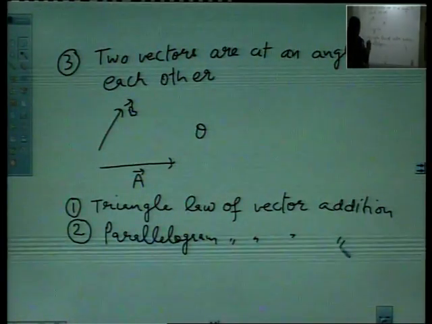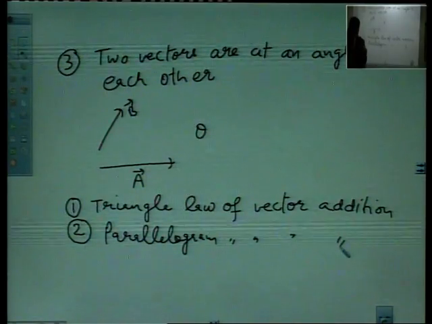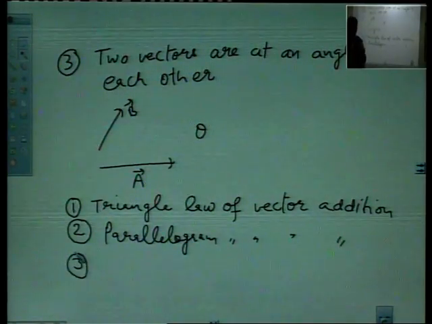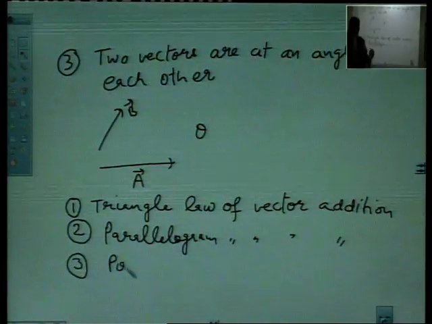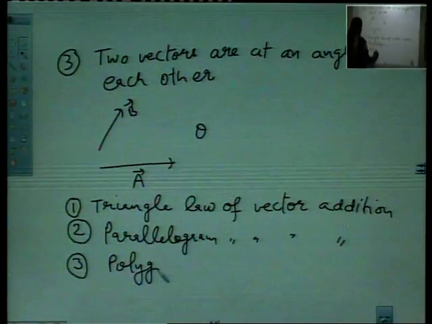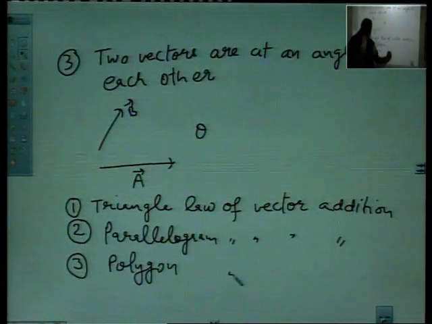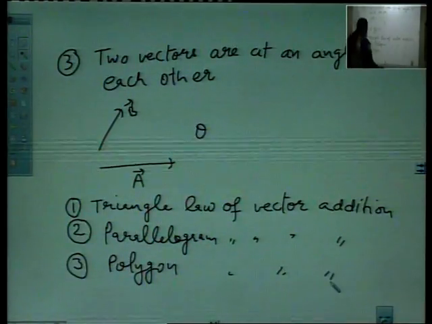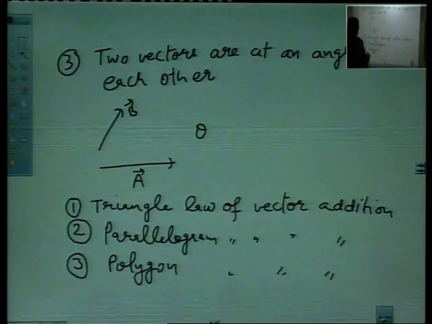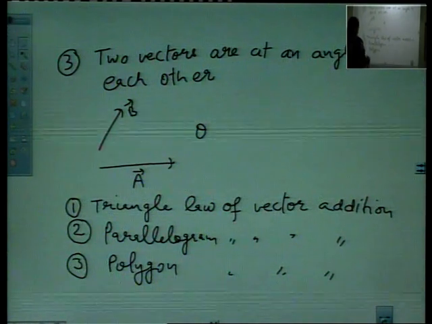This is valid only for the addition of two vectors. If we have more than two vectors, then we have the polygon law of vector addition.